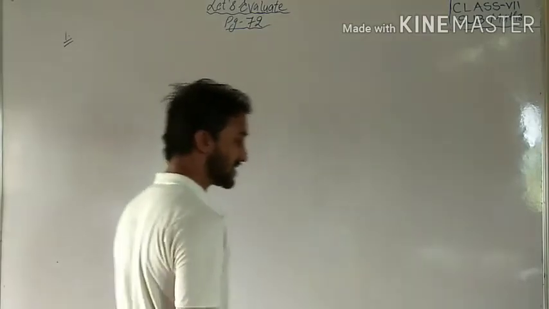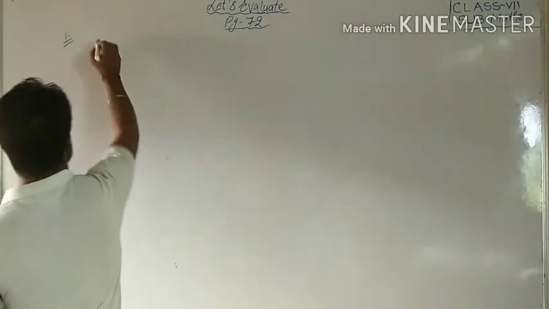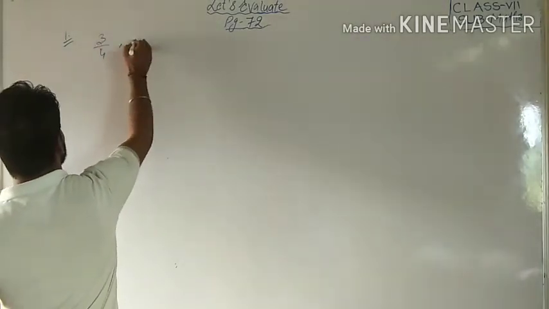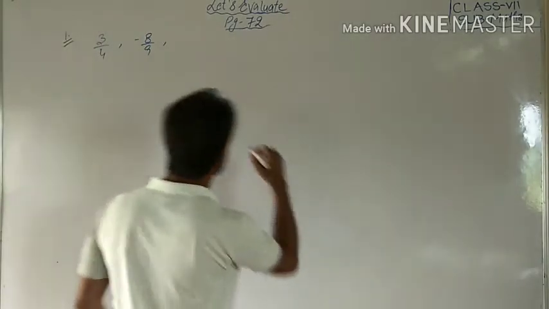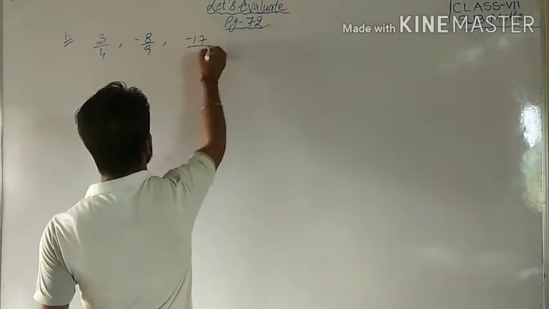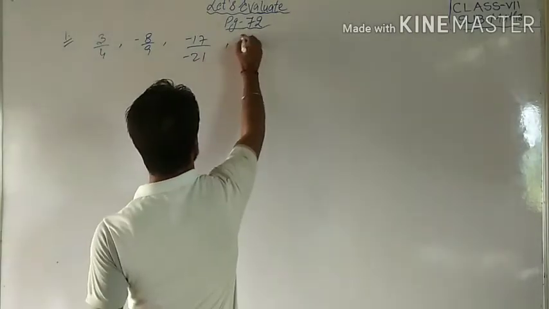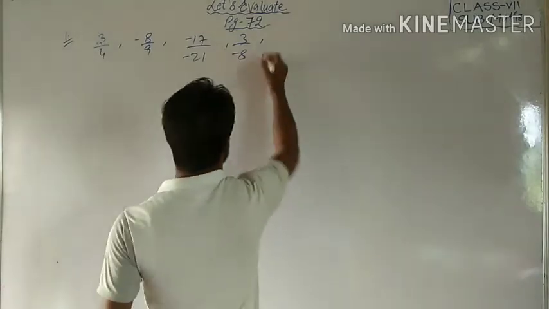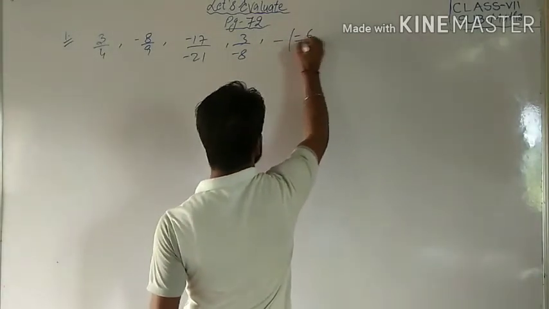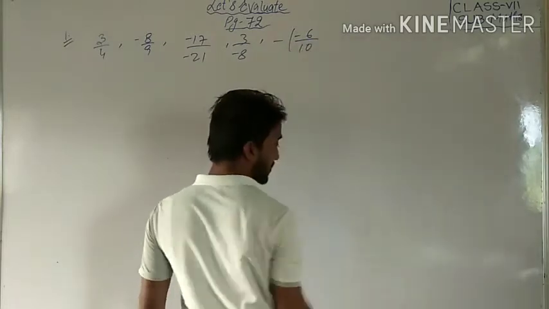The numbers are 3 by 4, minus 8 by 9, minus 17 by minus 21, 3 by minus 8, and minus 6 by 10 in brackets.